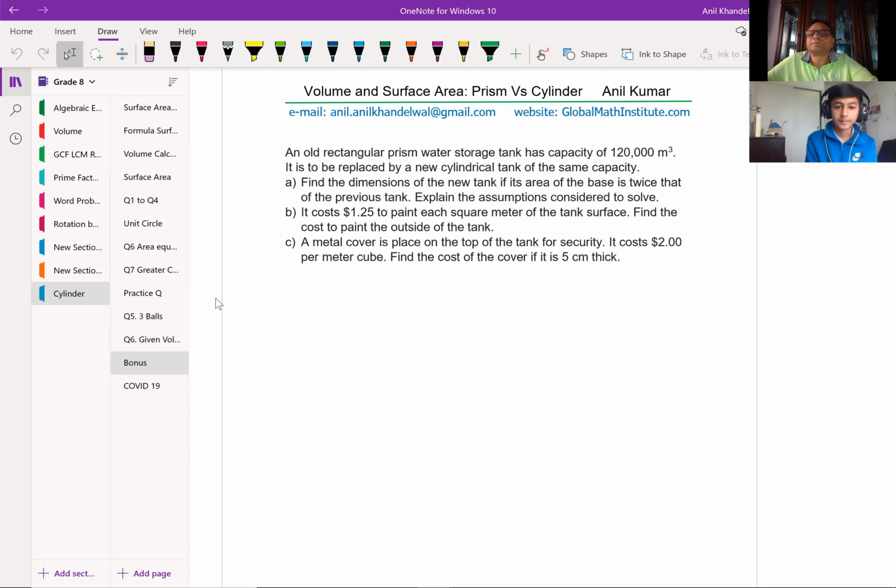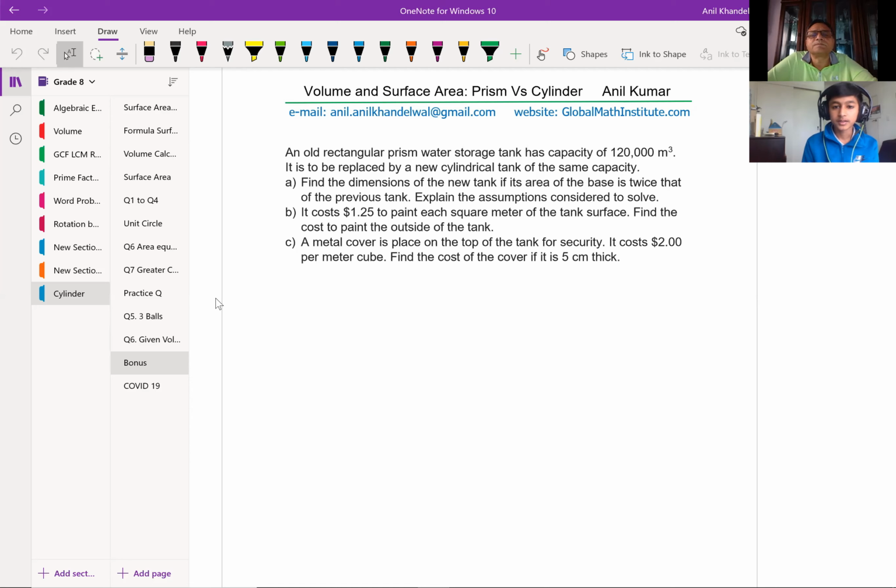So I think firstly I'd have to try to find the right dimensions. We know that to find the volume of a cylinder, you need the area of the base, which is pi r square.